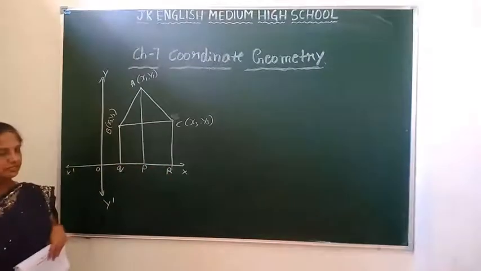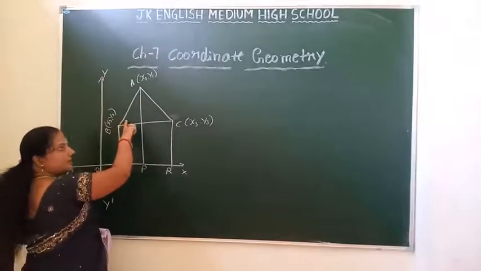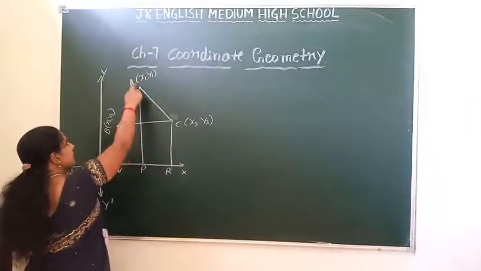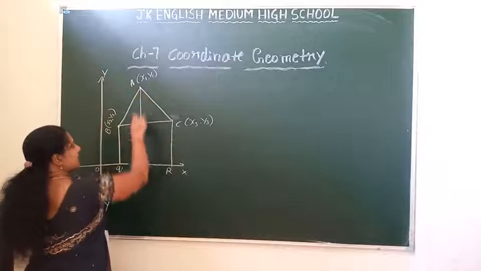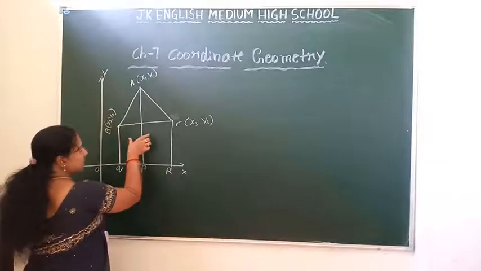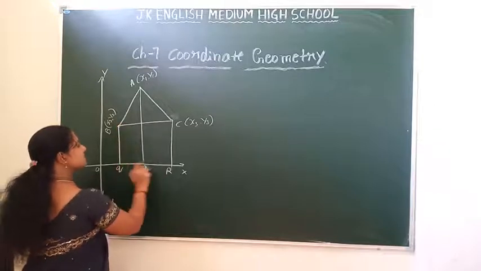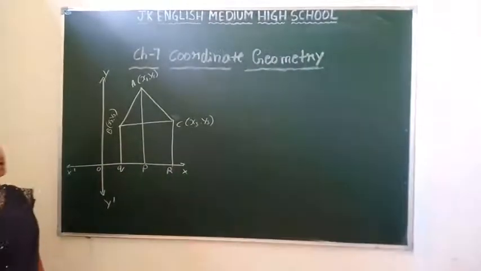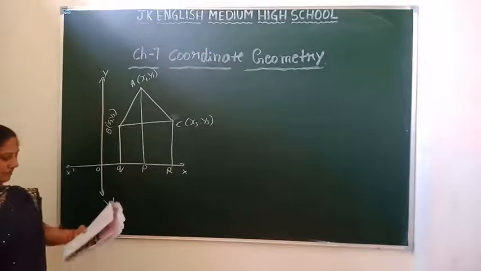See now children, area of triangle we can get when we add area of trapezium APQB and another trapezium area APRC, minus area of this BQRC trapezium. Then I get area of triangle ABC. So already they have done that and derived one formula.